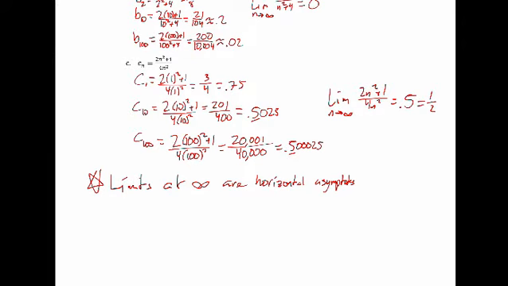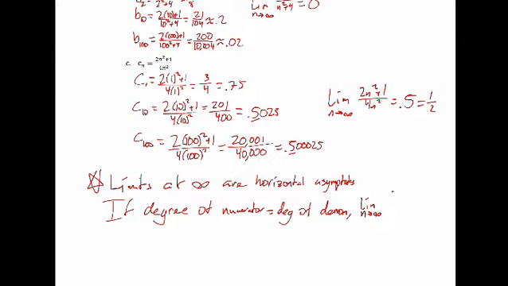So, looking at our patterns here, if the degree of the numerator equals the degree of the denominator, then the limit as n approaches infinity of f of n over g of n, you've got to think about it as two functions, is going to be equal to the leading coefficient divided by the leading coefficient.